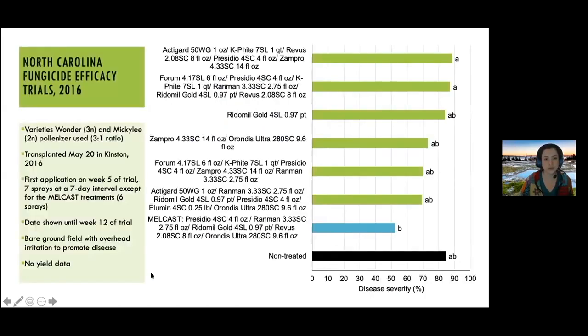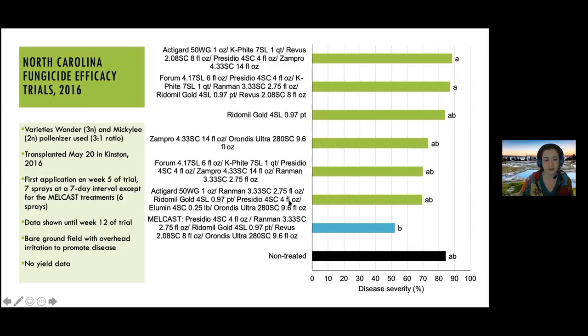Okay, so we did this efficacy trial back in 2016. And as you can see here, we evaluated several programs, alternating very different products that you would probably be using to some extent. And then we had one treatment that was dictated by MELCAST forecasting, just to see how that would work. The varieties used were Wonder and Mickylee as the pollinizer. We transplanted in May and then ran the trial for about 14 weeks.